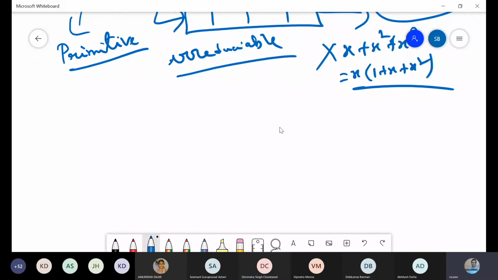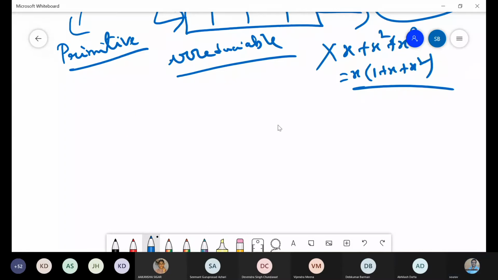Now we'll see how good this stream cipher is. Any questions so far? Okay, if not, then we can proceed. Now we want to discuss how good this stream cipher is from the attacker's point of view.